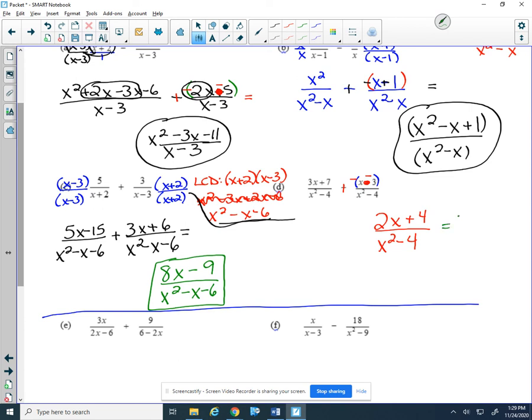So I have 2 times x plus 2 over x plus 2 times x minus 2. Here I do have a common factor. You should see this problem kind of like that first lesson. Just consider it like that and see if it simplifies. And my final answer is 2 over x minus 2.